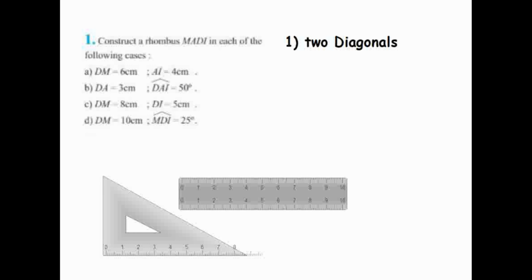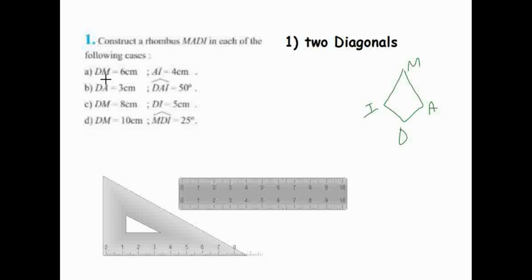So we simply go and draw on a draft paper, like I'm going to draw it randomly. For example, I know it's not looking so much like a rhombus, but it's just a draft, MADI. Imagine this is a rhombus, and let's see the given that they have given to us.